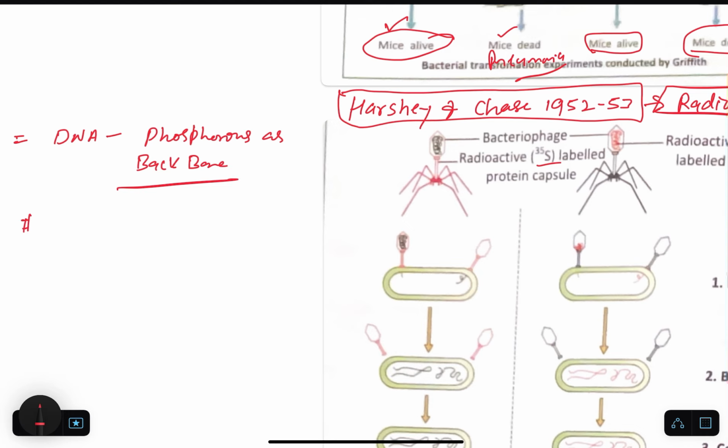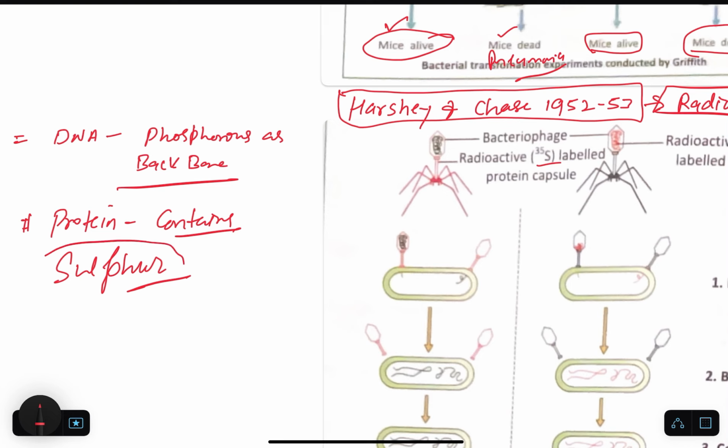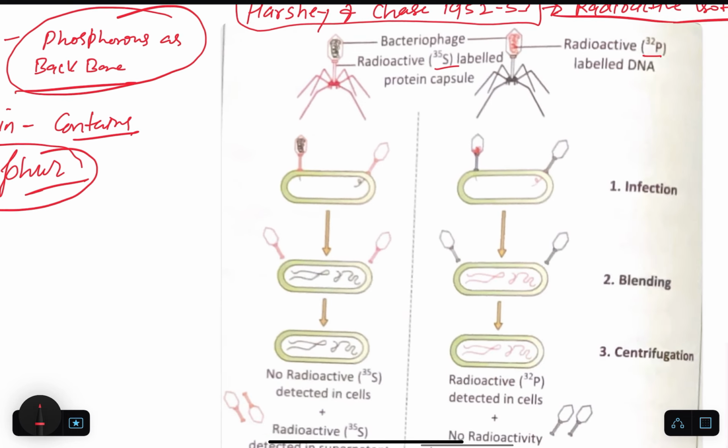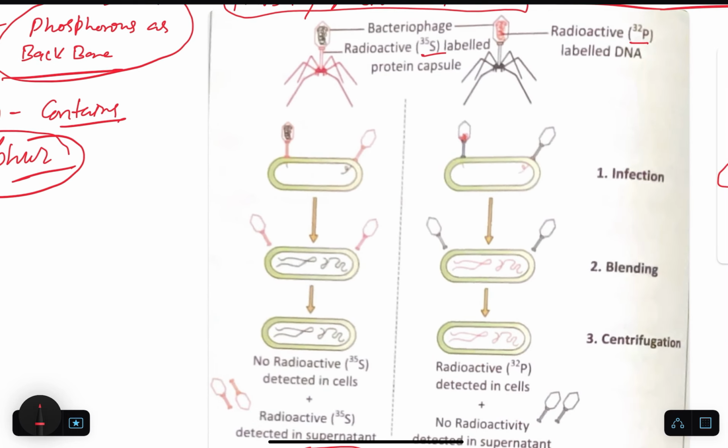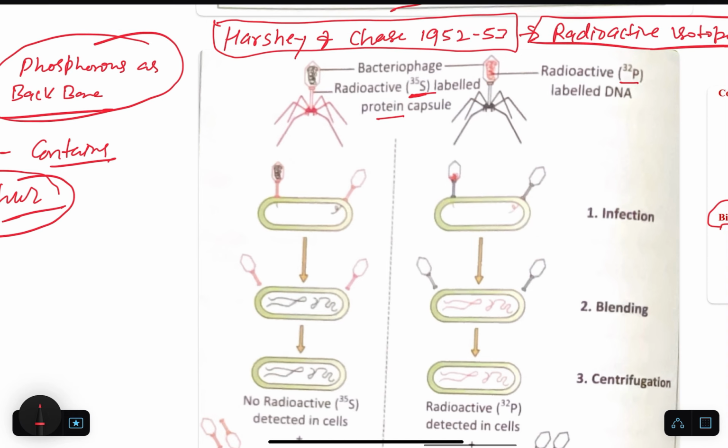And similarly, we know that the proteins contain sulfur. Protein contains sulfur and DNA contains phosphorus. So they used the radioactive S35 for the protein and the radioactive P32 for the DNA.